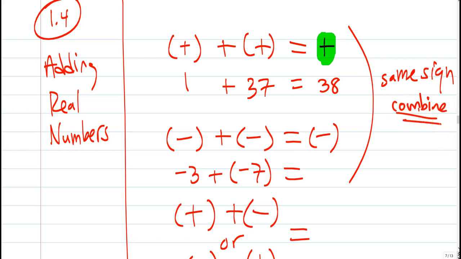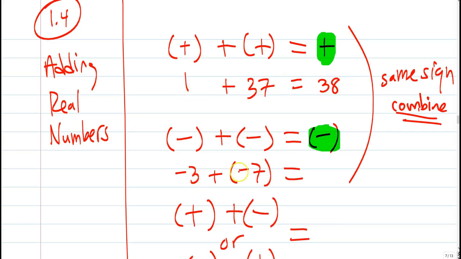Well, that's also important, because what happens if I add two negative numbers? A negative plus a negative gives me a result that is negative. When they are the same sign, they combine. If I have negative 3 plus negative 7, the two negatives combine. They don't cancel each other out. Think of it this way. If I get 1 and I get 37, I get 38.